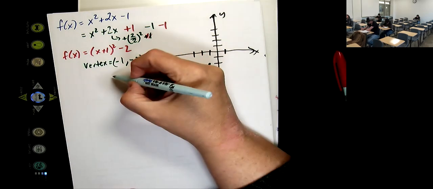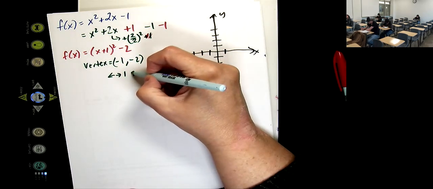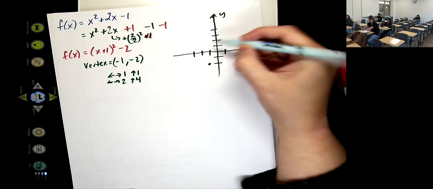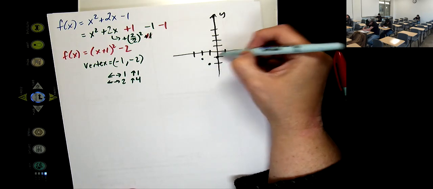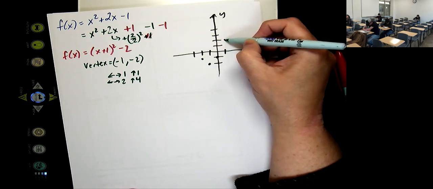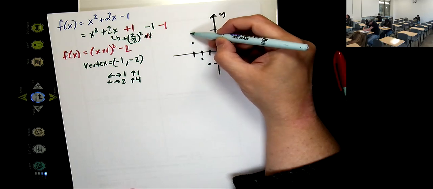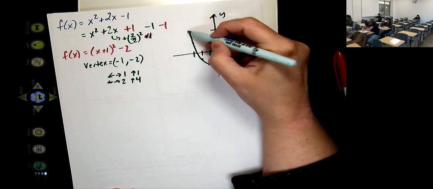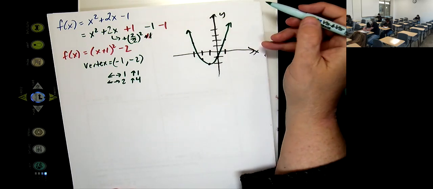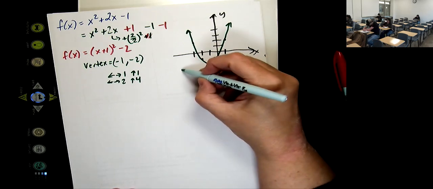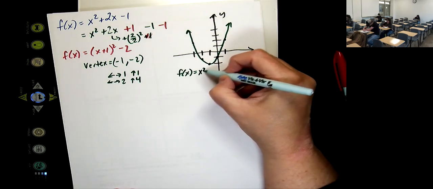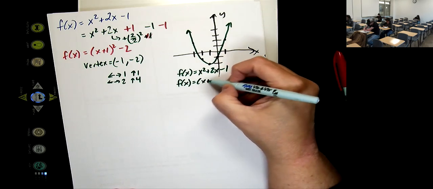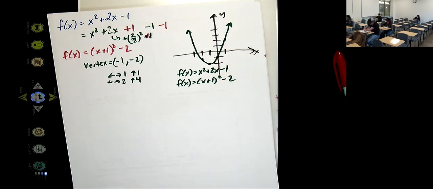So it's just left, right, 1, up 1. Left, right, 2, up 4. So that's f of x equals x squared plus 2x minus 1, or f of x equals x plus 1 squared minus 2. Either form.